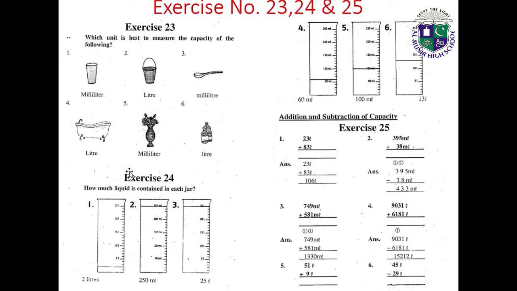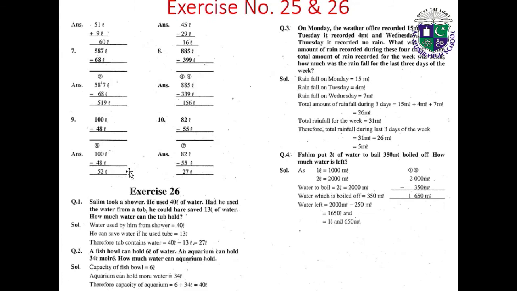9031 liter minus 6181 liter. When we subtract 6181 from 9031 liter, we get the answer 2850 liters. 45 liter plus 51 liter plus 9 liter equals 60 liters. 45 liter minus 29 liter equals, when we subtract 29 from 45, we get the answer 16 liter.